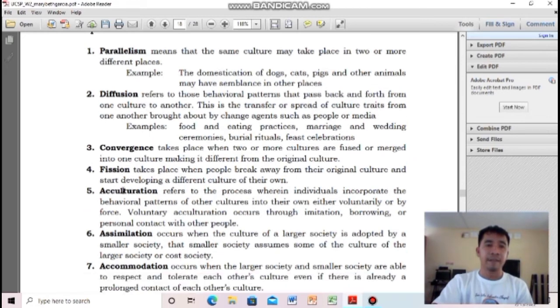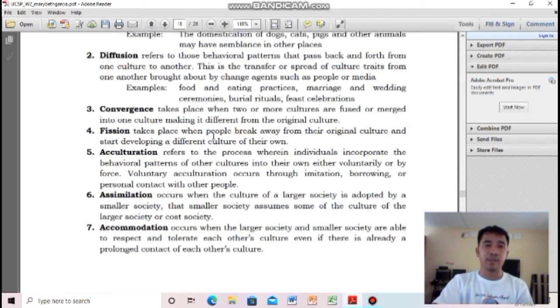Next is fission. Takes place when people break away from their original culture and start developing a different culture of their own. Kumbaga, nagbulag siya, no, sa dati nilang kultura, then nagkabuhi siya or nag-stand siya, no, by her or his own. That's why may fission nga tabo.